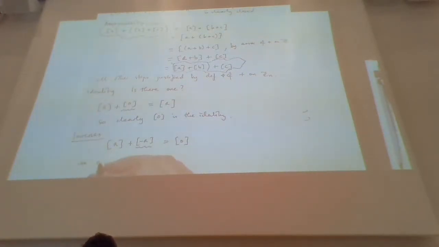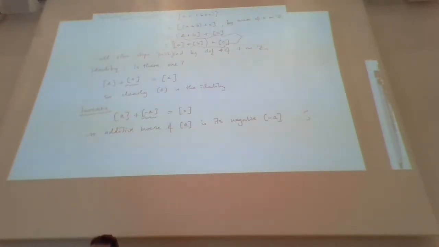So the additive inverse of A is, we may as well call it the negative, the congruence class of minus A. So it's a group. It satisfies the four properties.